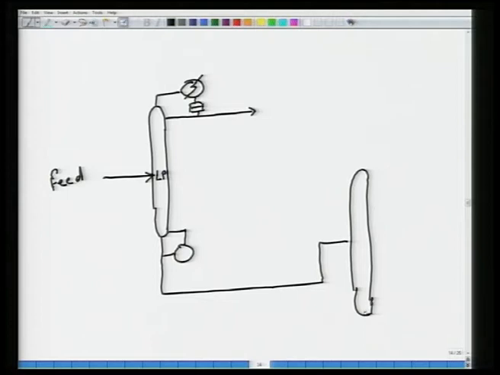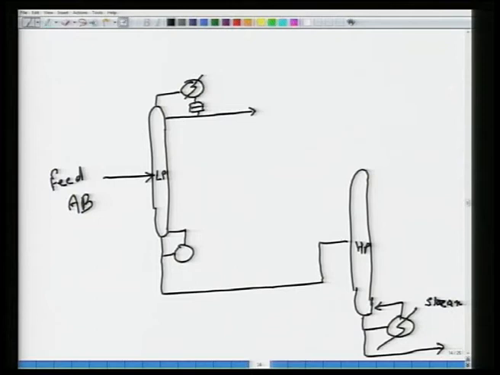The high pressure column has got a reboiler of its own that uses steam to get whatever reboil you want, and of course, part of it is withdrawn as bottoms. Feed is an AB mixture. Okay. This is a high pressure column. The hot vapor from the column, and this is where energy integration happens, heat integration happens.